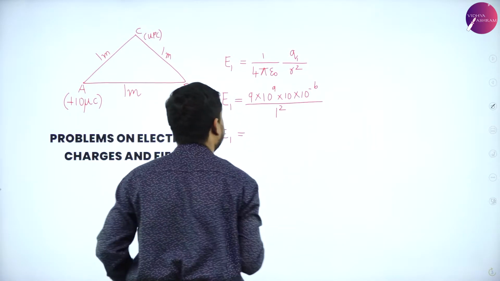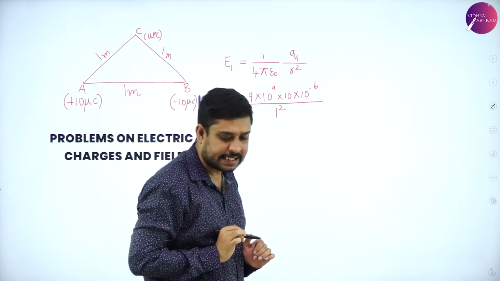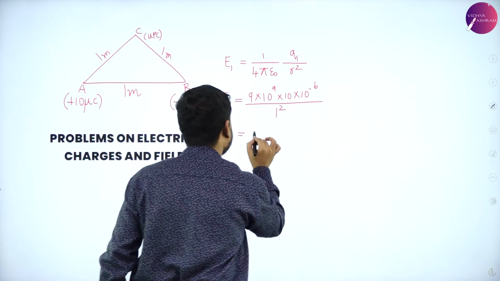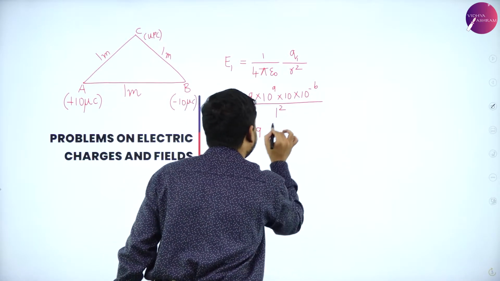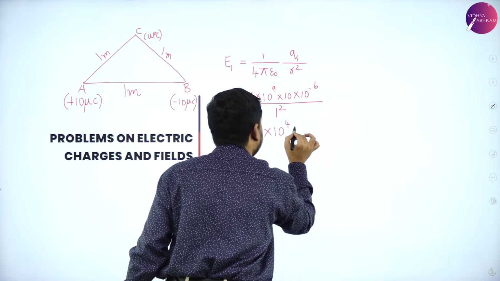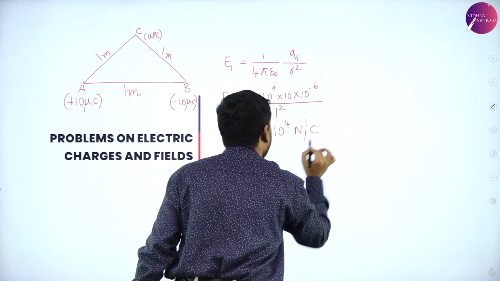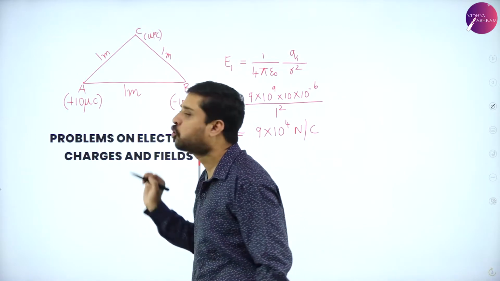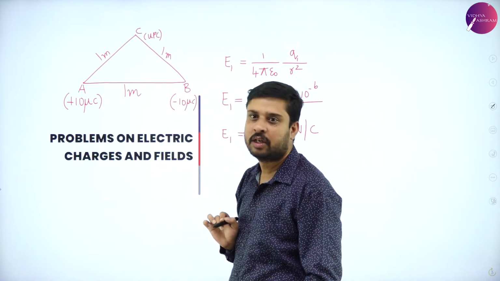So E1 is 9 into 10 power 4, 90 into 10 power 3, or 9 into 10 power 4 Newton per coulomb.